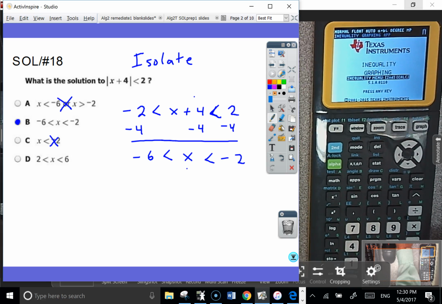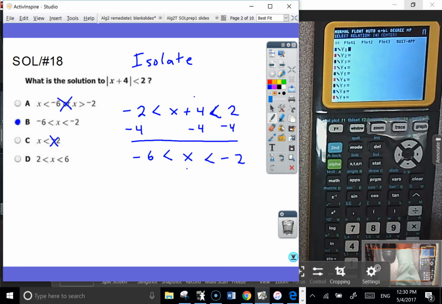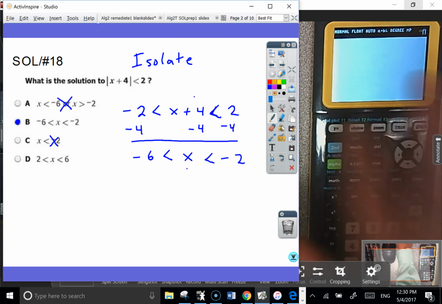We'll talk about Inequalz, not on this slide, because we don't need it for this slide, but we'll need it for the next one. So for right now, I'm just going to go back to y equals. Oh, look at that. It actually put it there. So now I've got the x equals there, but I don't want it there. So I'm going to go back to apps, back to Inequalz, quit is number 2, and back to y equals.